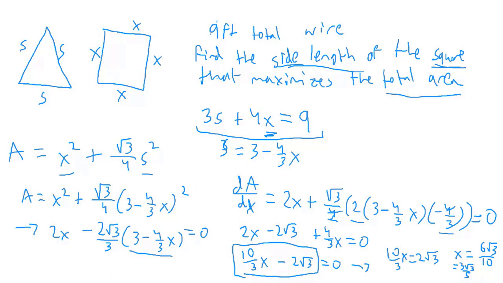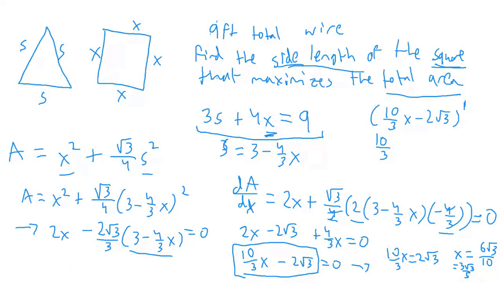When we do our second derivative test, we find out that our second derivative, from 10/3 x minus 2√3, is actually 10/3, which is a positive number. So that means our second derivative at any x value, even at the x value we're interested in, is positive, which is concave up.